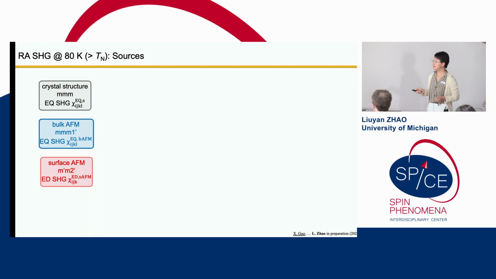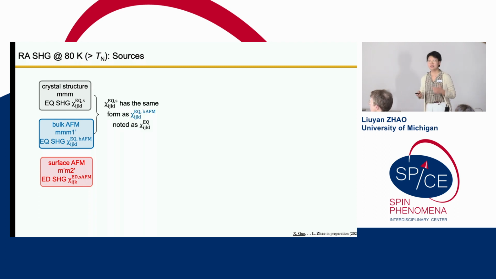This one has inversion symmetry, so in principle it would have an electroquadrupole contribution to our data too. And then there is surface antiferromagnetism, which has a non-centrosymmetric point group, m'm2', which will give electric dipole SHG. If we look into their second-order nonlinear susceptibility tensor form, the first two contributions will have exactly the same tensor form.